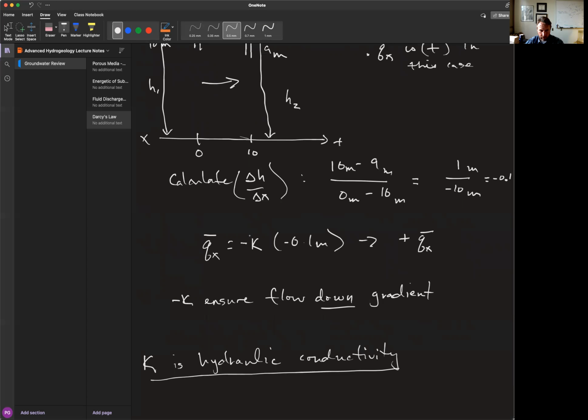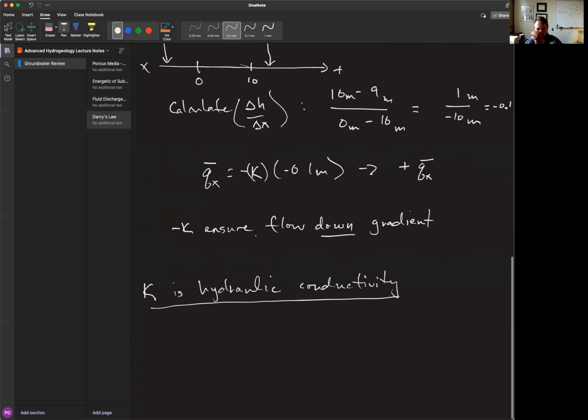That's a little confusing because I'm saying we call it -K times dH dx. The value of K here is positive. The negative is -1 times K. Always positive.